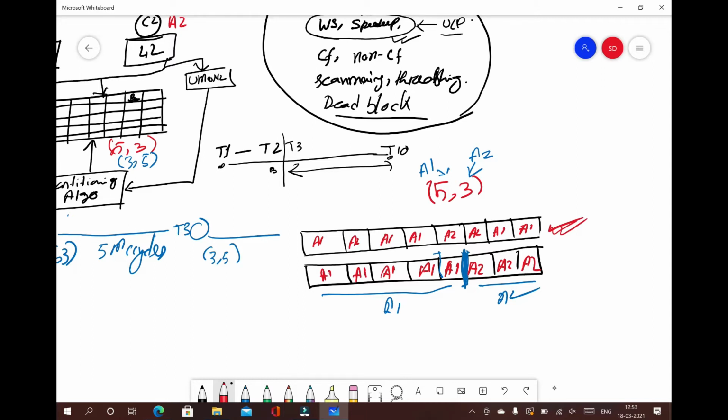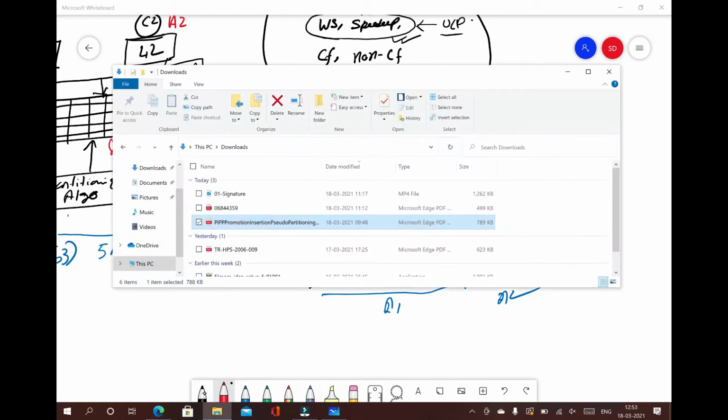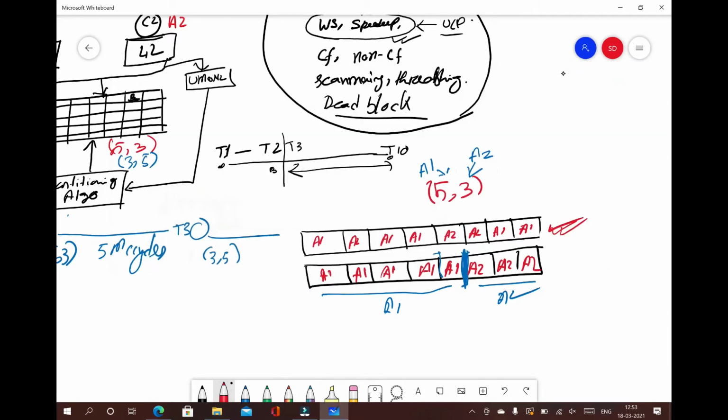Now in this case, suppose another request comes. Suppose a request of A1 came. How many blocks of A1 are already here? 5 blocks are already there. Suppose the LRU block is this one.